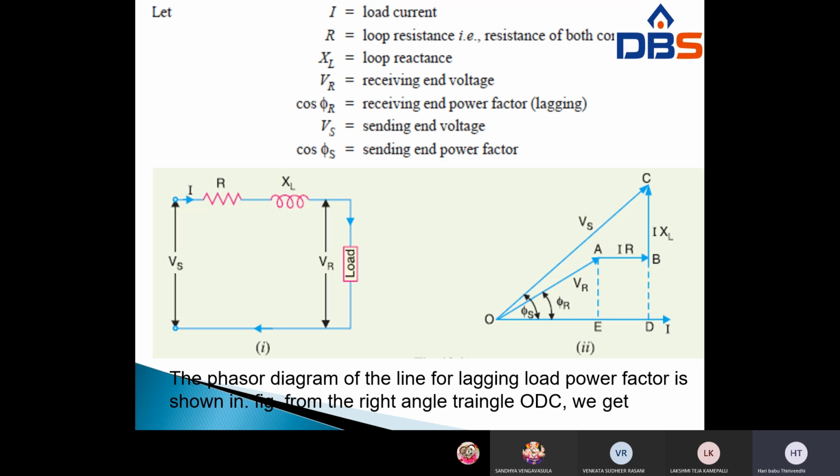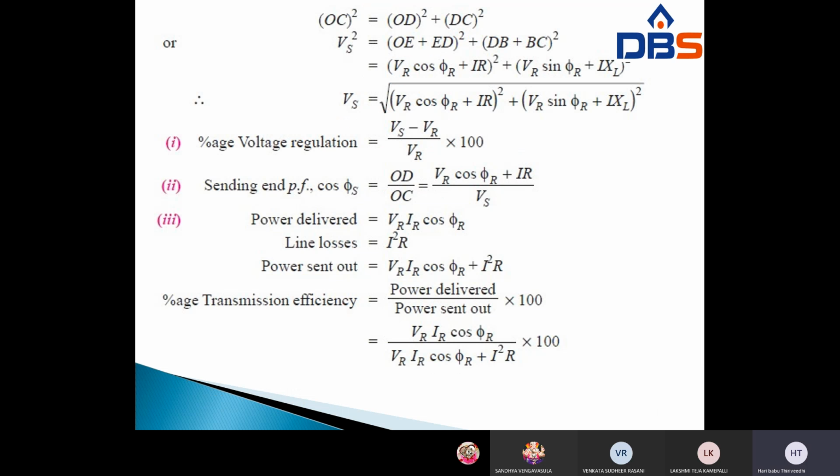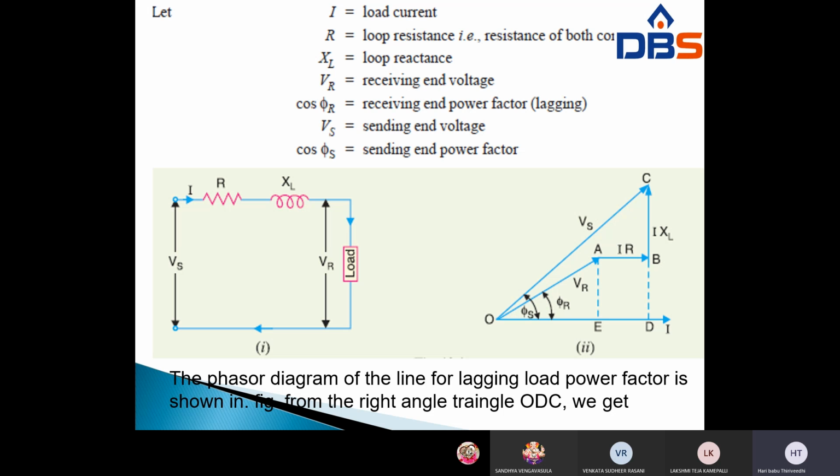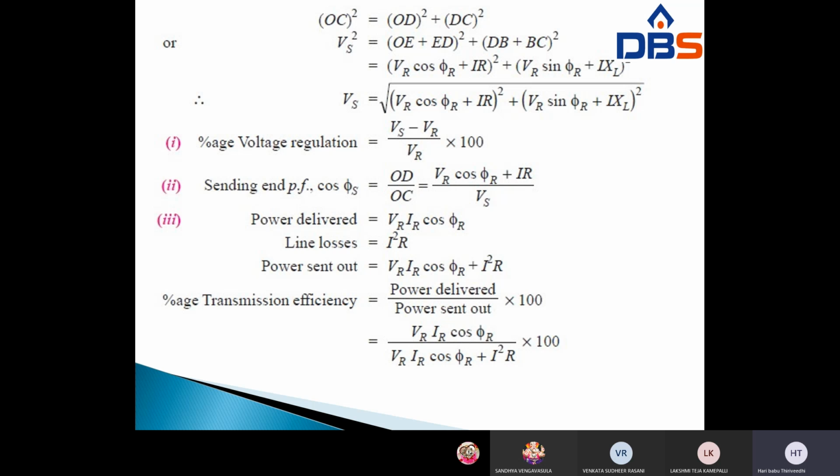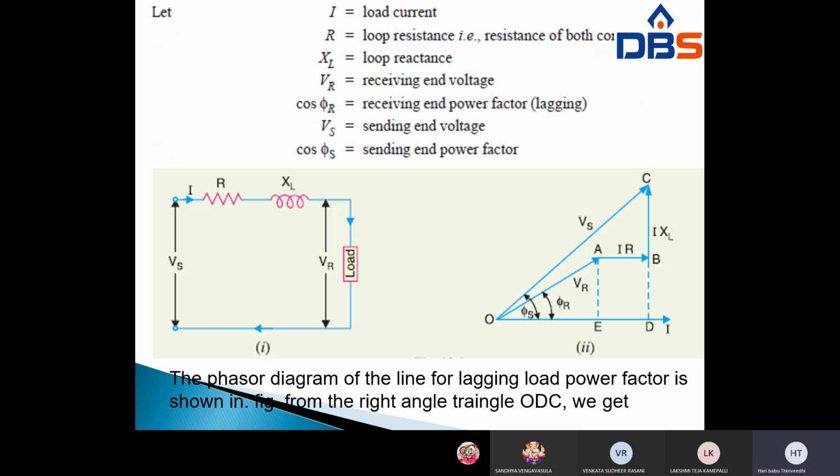Here hypotenuse means OC square, adjacent means OD square, opposite means CD square, right? What is OC? OC is nothing but VS, so VS square. What is OD? Look at the phasor diagram. OD means OE plus ED, right? What is OE? That is VR. What is ED? IR.